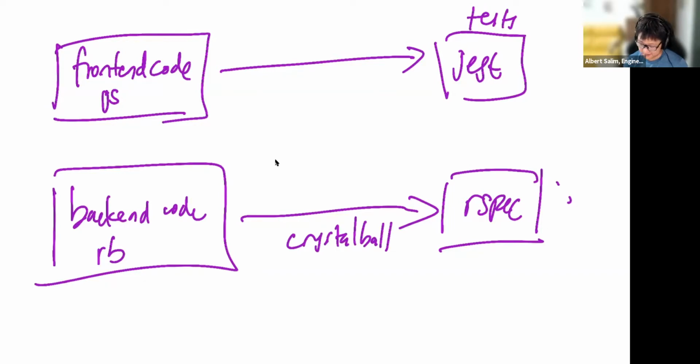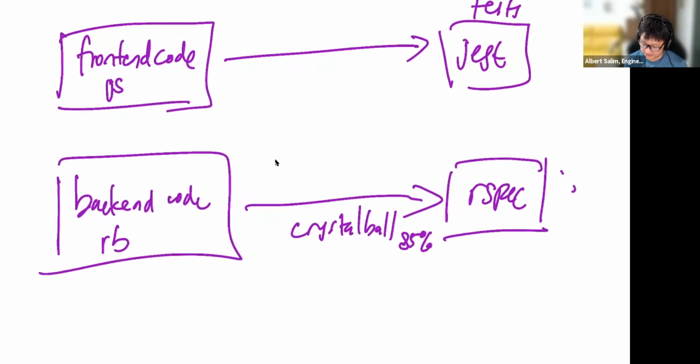What we are seeing with Crystal Ball is about 85% accuracy, meaning 85% of the time it will be able to catch 100% of the tests that need to be run, so that we don't get into a master broken situation, or a regression where the test fails without us knowing. The missing 15% can come from things like various ways of metaprogramming, which don't get tracked in the code coverage.